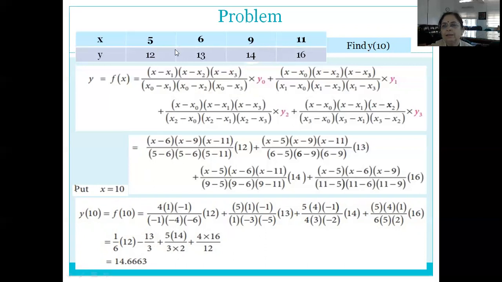Now in this table, it is also possible we evaluated it at 10, but any intermediate value is possible. We can try evaluating it at 7 and we can check if we get a value between these two data points. Okay, you can realize 10 is between 9 and 11 somewhere here. But surely this is not a linear function, and so we cannot simply take the average of these two and calculate. Otherwise it should have come 15. Okay, but the actual value is 14.6663.